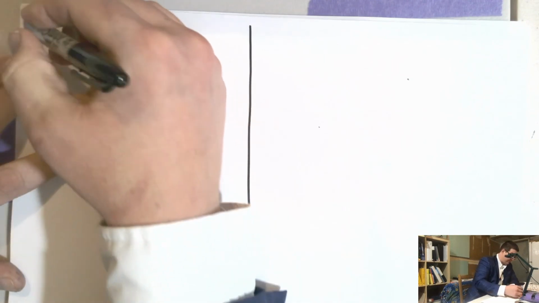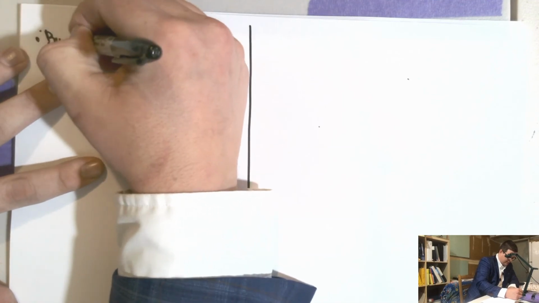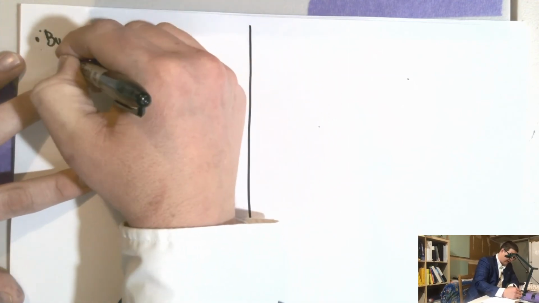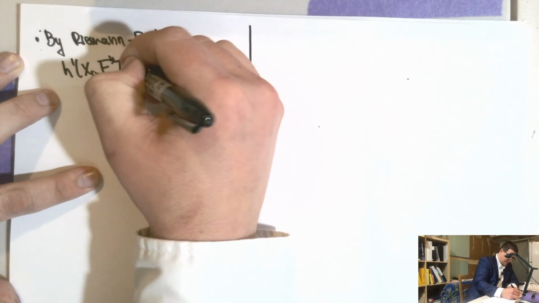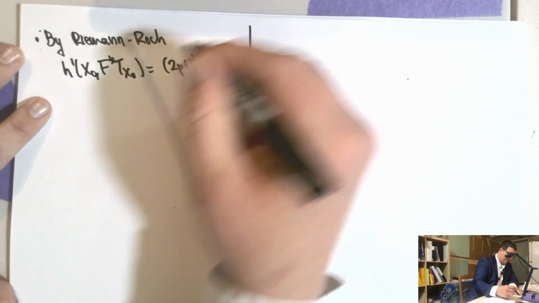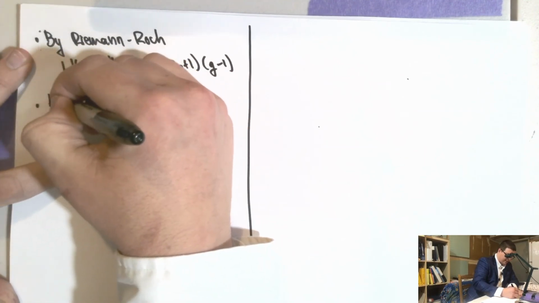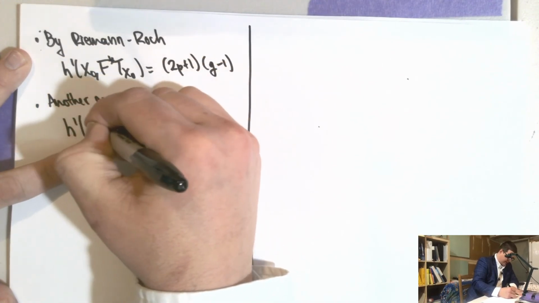But by Riemann-Roch, H^1 of this thing is (2p+1)(g-1). And in another computation, we have H^1 of A0.